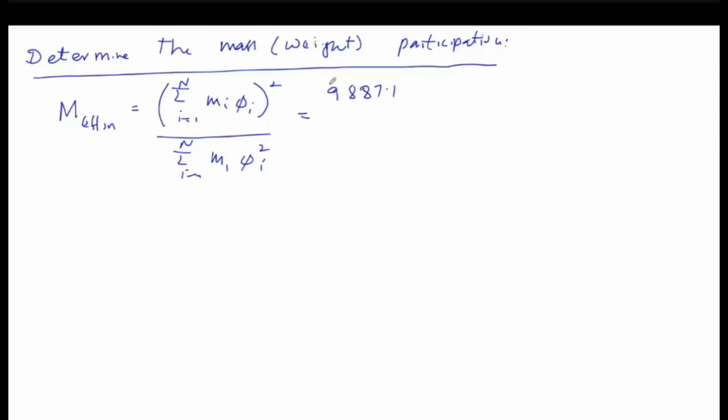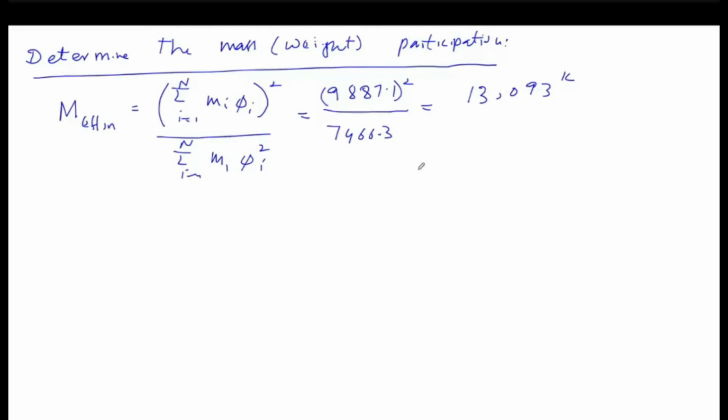9887.1. This is squared, divided by 7466.3. Okay. So the value that we get is 13,093 kip. So this is the effective mass contributing to mode 1. Now how much is this mass in comparison to the total weight?